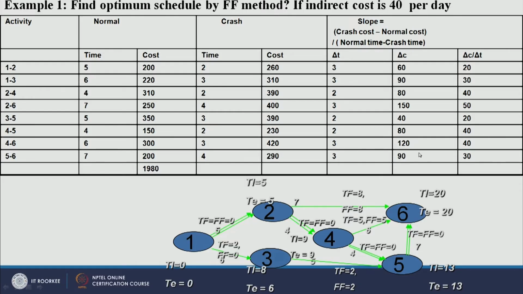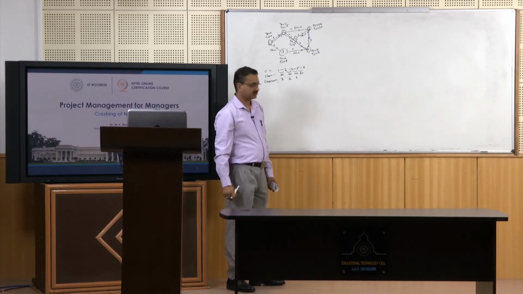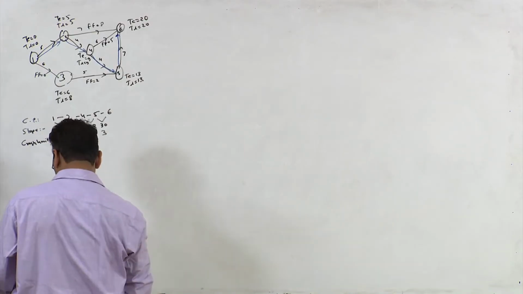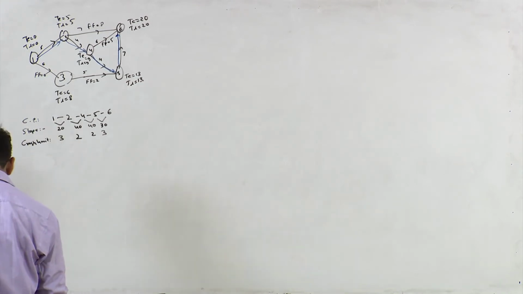So for activity 2, 4 it is 2. For 4, 5 also 2. So 2, 4 is 2, and for 5, 6 the crash limit is 3, right? So this is the first thing you should do, right?